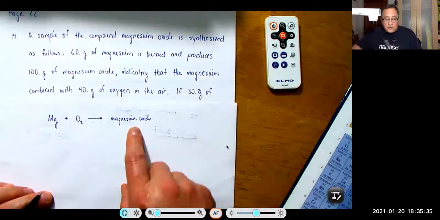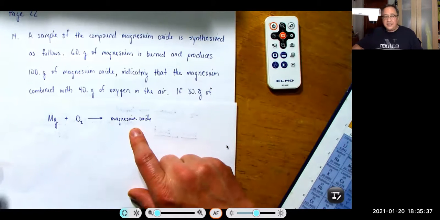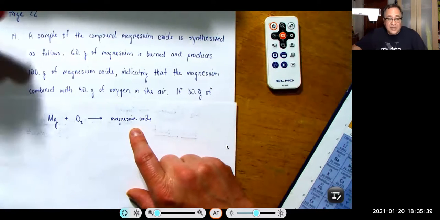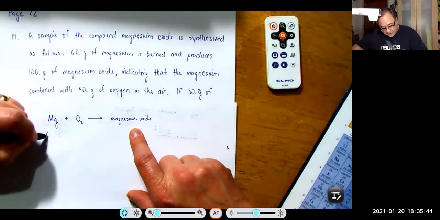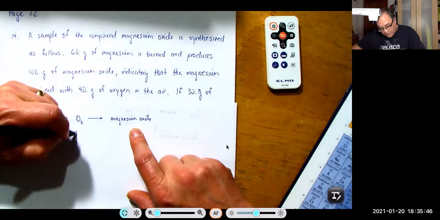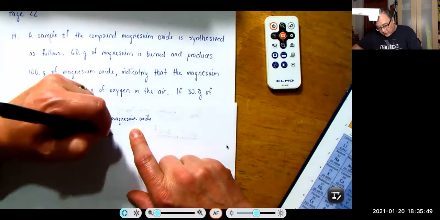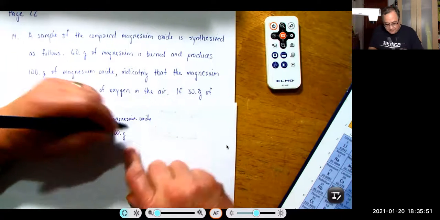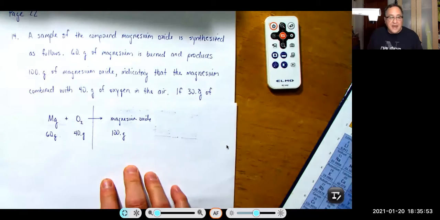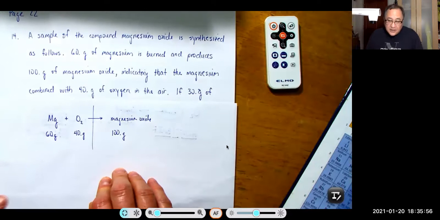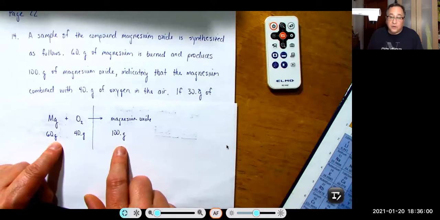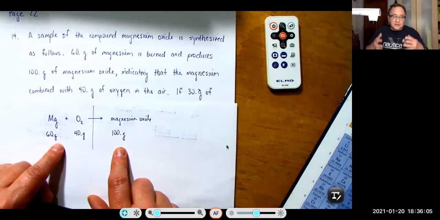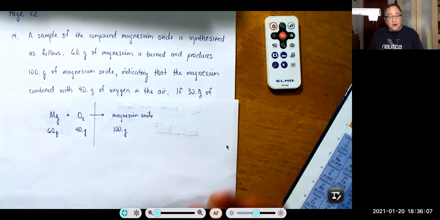We don't know the formula of magnesium oxide yet, unless you've taken a previous chemistry class and you remember how to figure it out. You start off with 60 grams of this and 40 grams of this, and you get 100 grams. So what do we notice about the before and after by mass? You should notice that you start off with 100 grams total of material, and you end up with 100 grams total. I mentioned this law earlier where the amount of stuff you start with is the amount of stuff you are left with.